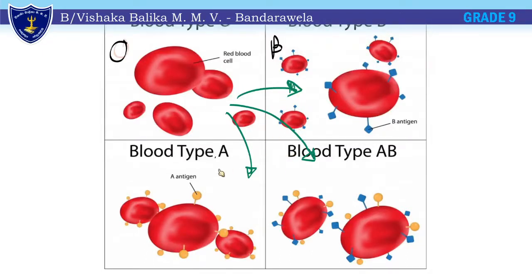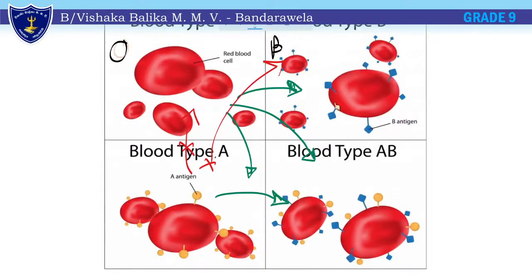But what about giving A to O? A to O is impossible. We can't give A to O, because A has antigen and O has none. A to B is also impossible. A to AB is possible, because AB already has that antigen. I think now you have a clear idea.